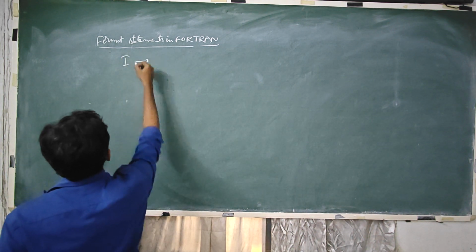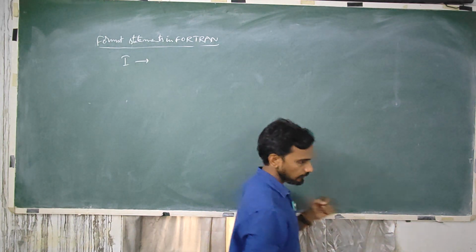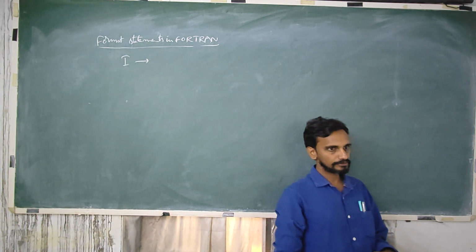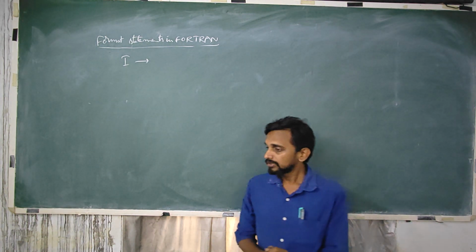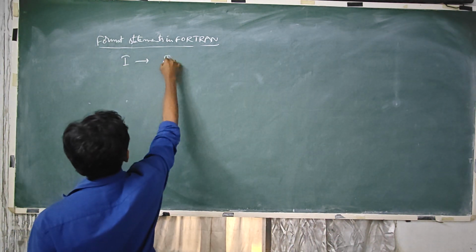Here are the various options available. You can get this information from the Stanford Fortran 77 page. So here I is used for integers.